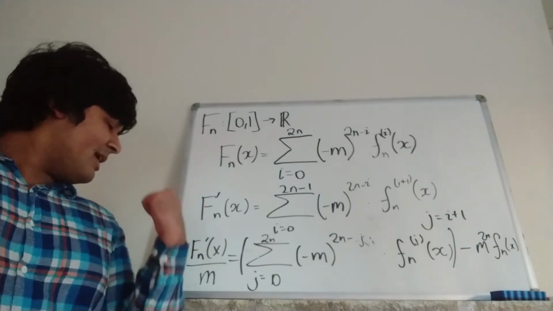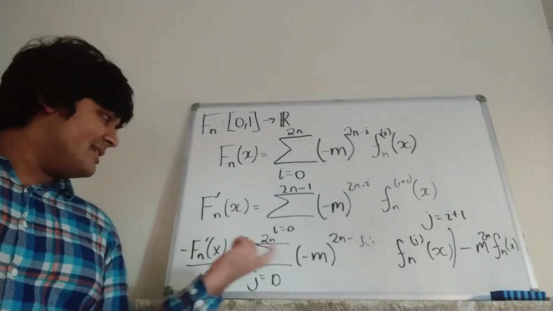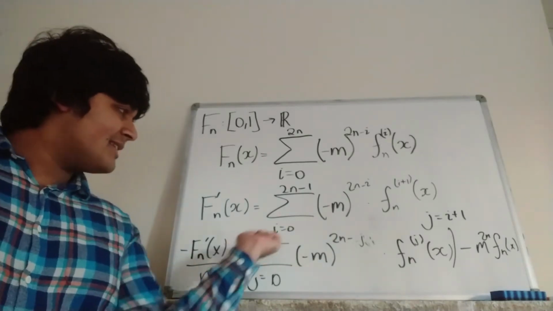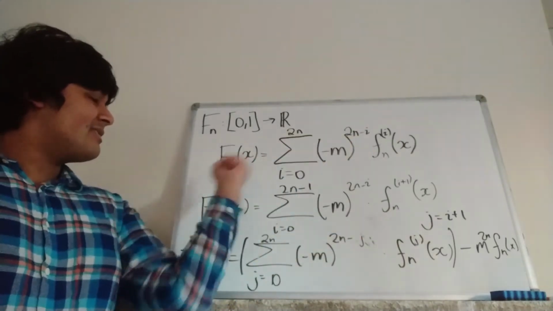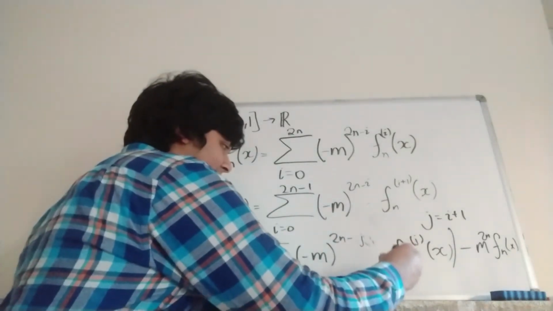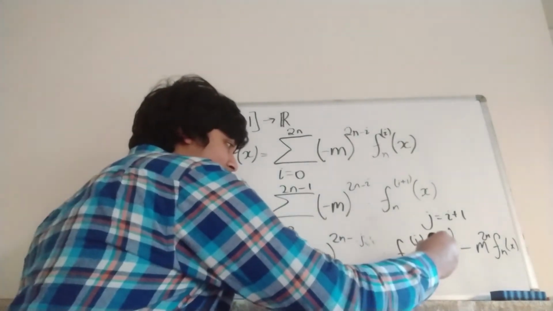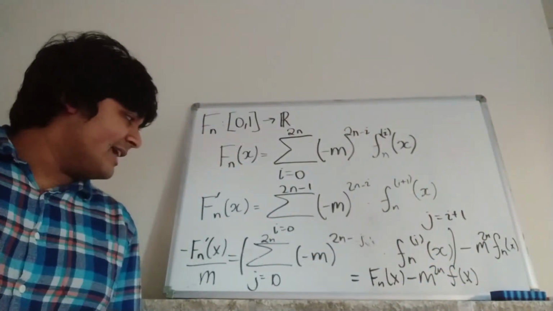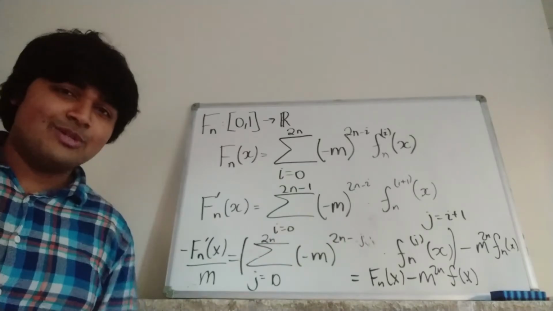Okay, so I get that minus F_n prime of x over m is equal to this guy here minus m to the 2n times f of x, but this guy here is exactly this guy here, so F_n of x. Okay, so this is precisely F_n of x minus m to the 2n f of x, like so. Okay, let me bring this to the top of the whiteboard and we'll continue.